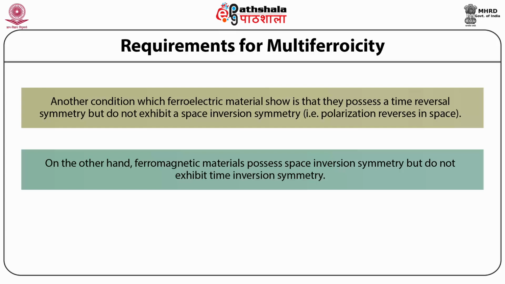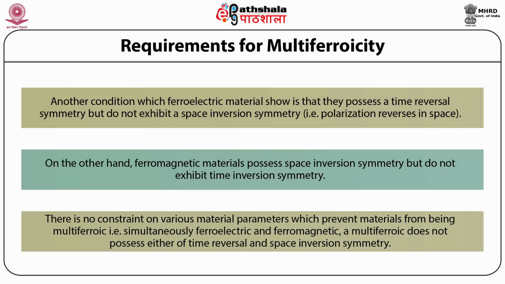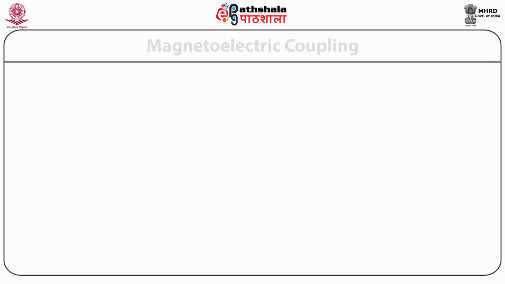So now to conclude, there is no constraint on various material parameters which prevent the materials from being multiferroic, that is, simultaneously ferroelectric and ferromagnetic. A multiferroic does not possess either of time reversal and space inversion symmetry.